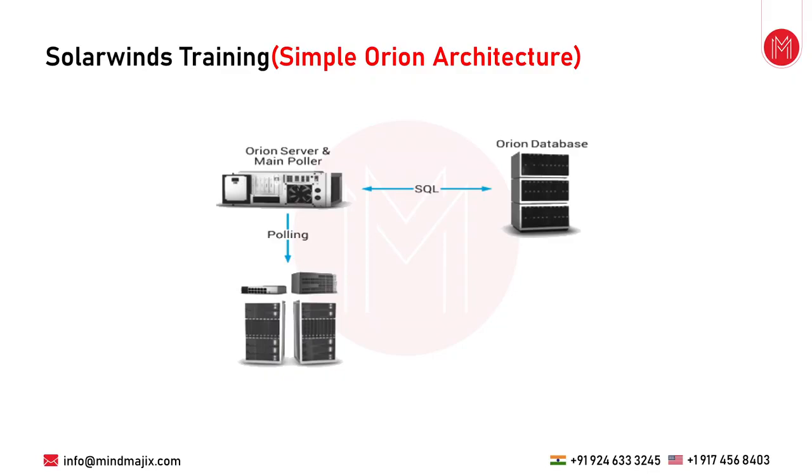We can get the view of the console. So in the simple architecture, everything, whether it is the web server, the user interface, what the user sees in the dashboard or console, or the polling part, how the availability and performance data is polled from the network or infrastructure elements, everything is taken care of by the Orion server.